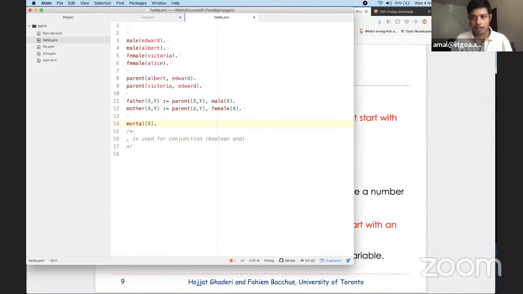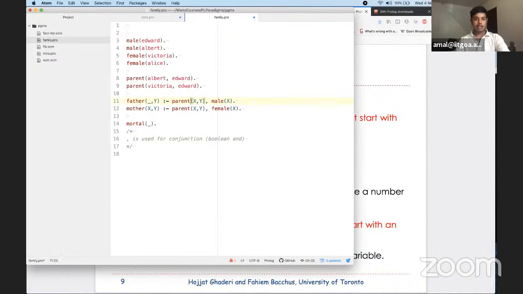That means all are mortal. So this actually means that everybody is mortal. But I think a more appropriate thing would be to use an underscore, because we don't care what that particular value of X is. So mortal of underscore. Underscore is again another variable. But the good thing is that underscore can be used here and here.